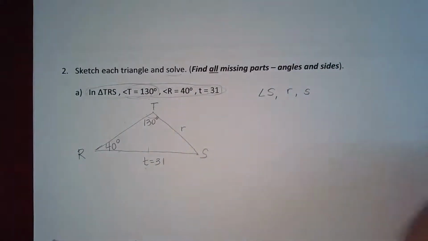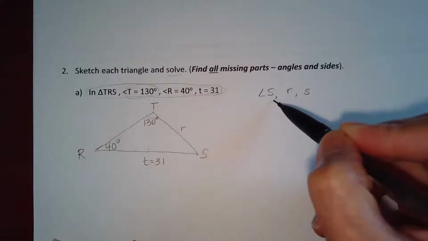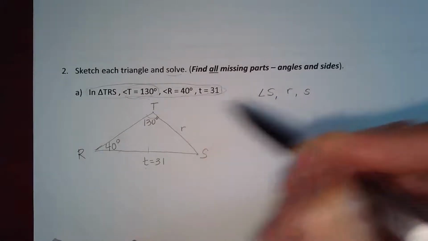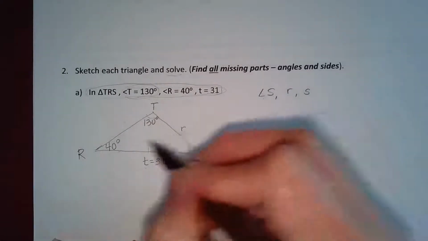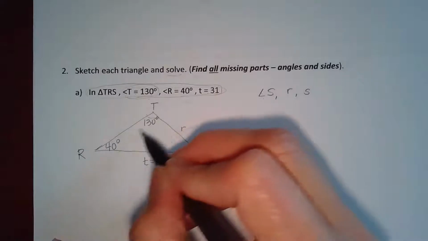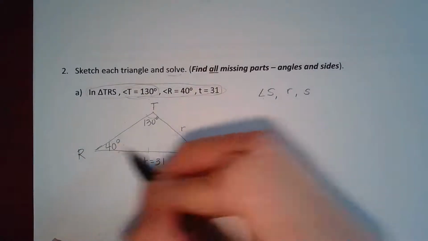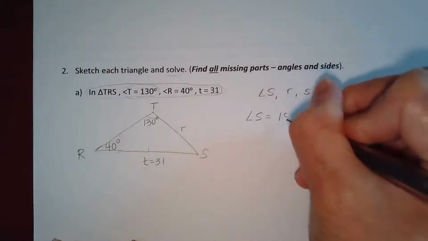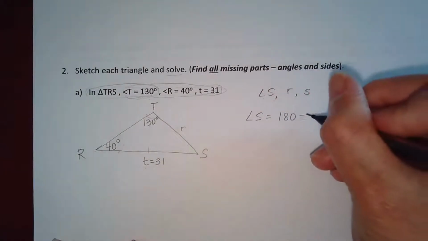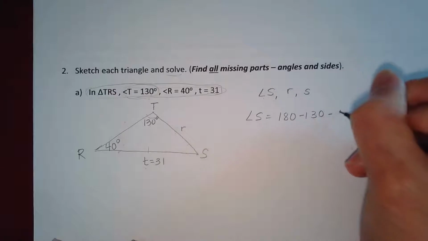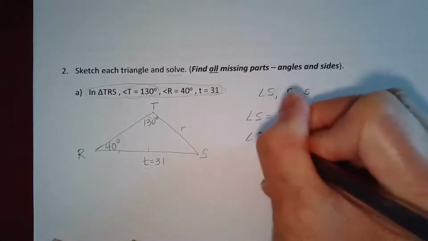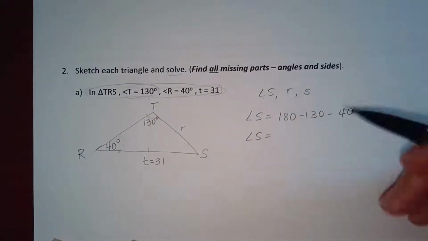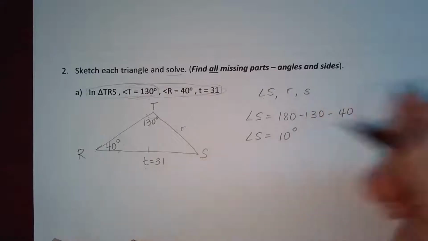Which one can we do first? I think angle S would be the easiest to solve because we can use the rule of 180. We have two angles given, so we can figure out angle S. Angle S equals 180 minus 130 minus 40, so angle S equals 10 degrees.